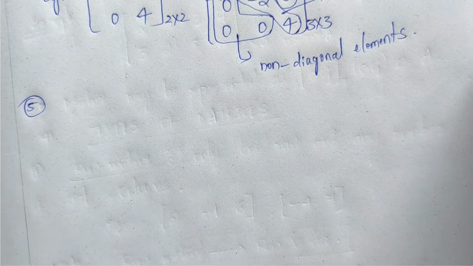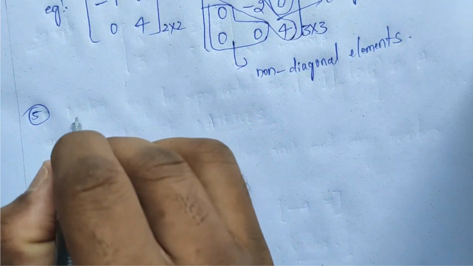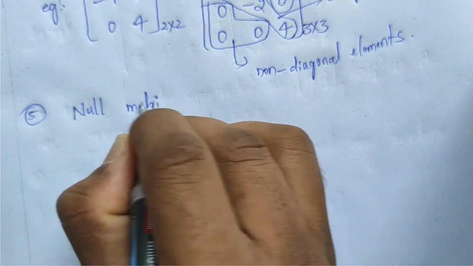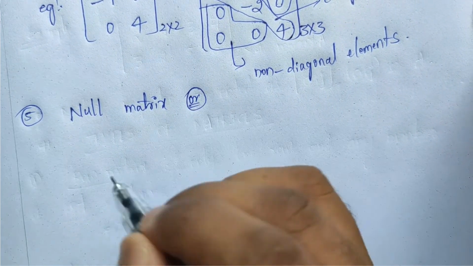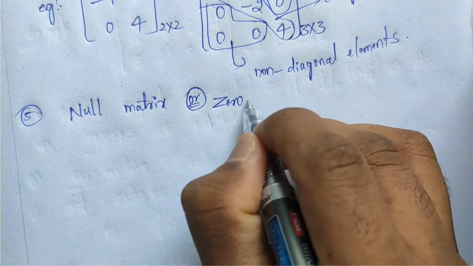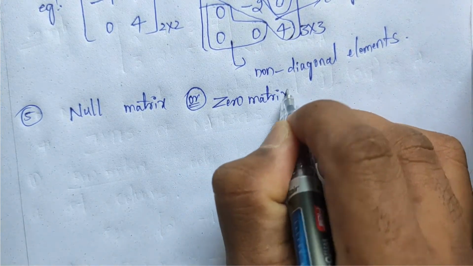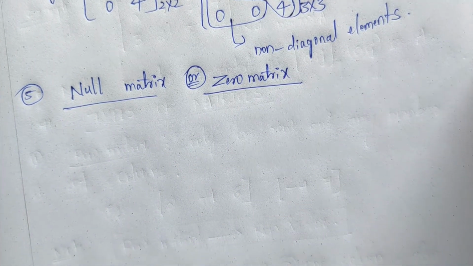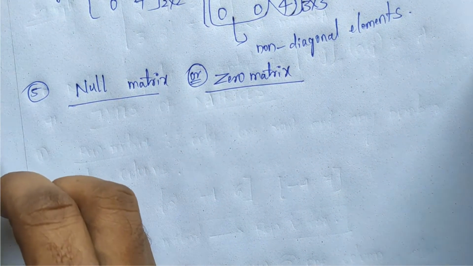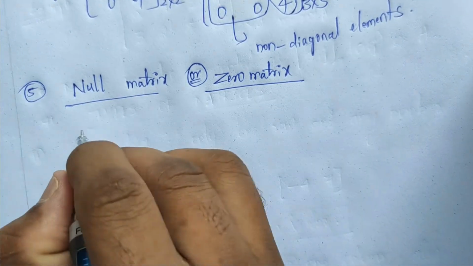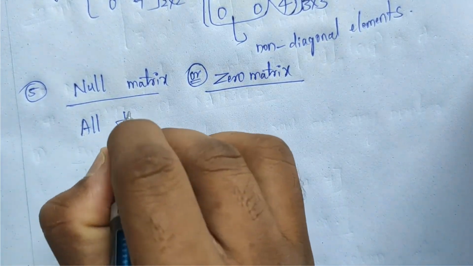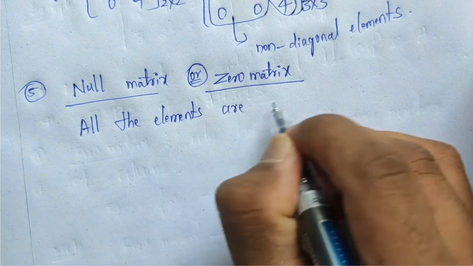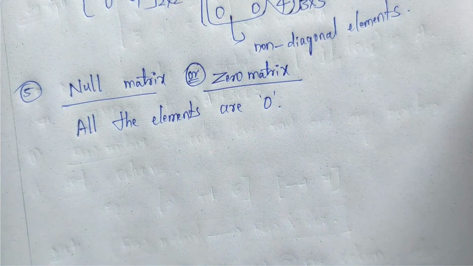The fifth one, null matrix or zero matrix. All the elements are 0 is called a null matrix or zero matrix.